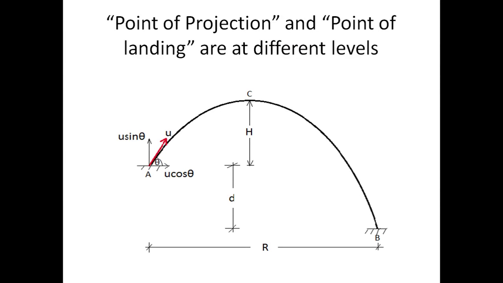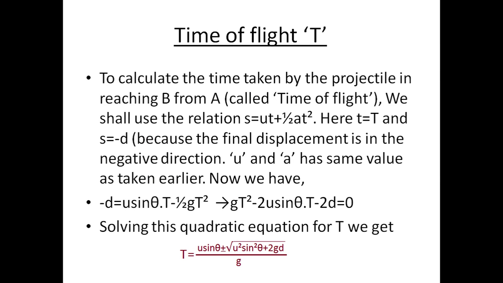Now let us calculate the time taken by the projectile in reaching from point of projection A to point of landing B, the duration of time in which the projectile remains in air. It is called the time of flight and we represent it by capital T. We shall use the relation s equal to ut plus half at square.